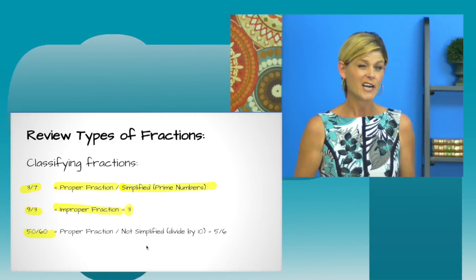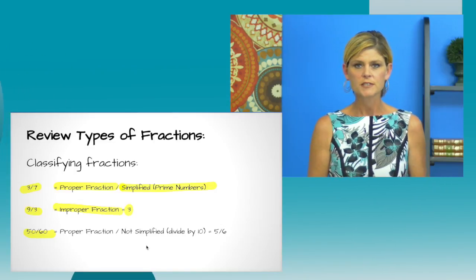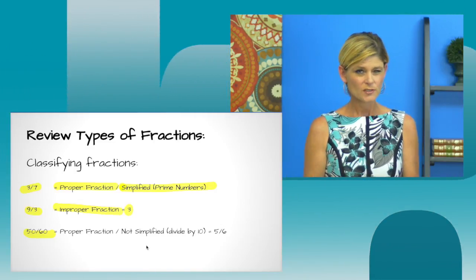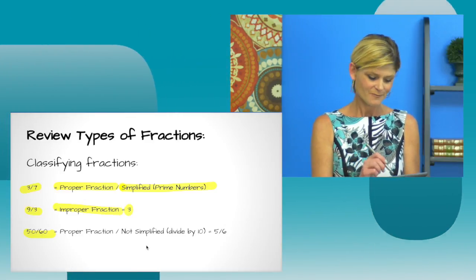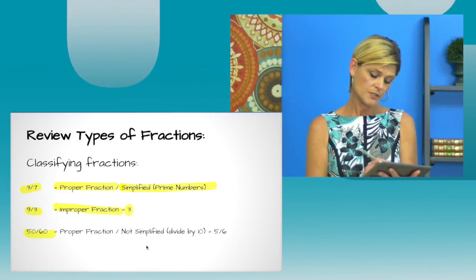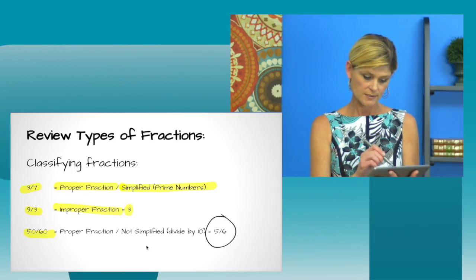Or if you can eyeball it, which you probably are able to do, 50 over 60, we can tell because they both end in 0, are both divisible by 10. So this one's actually pretty simple to simplify. 50 over 60 simplified is 5 over 6.